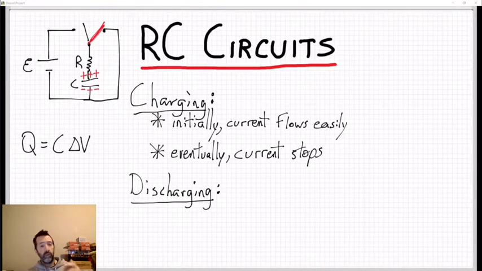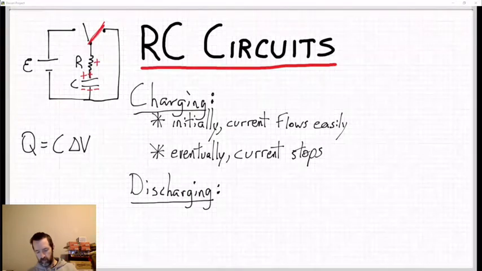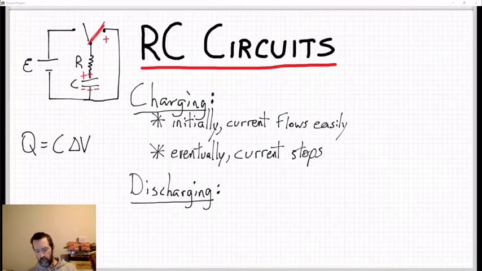But if the switch is over on the right side, those positive charges can move along this path and eventually make it the whole way back to the other side of the capacitor, where they can neutralize with the minus.